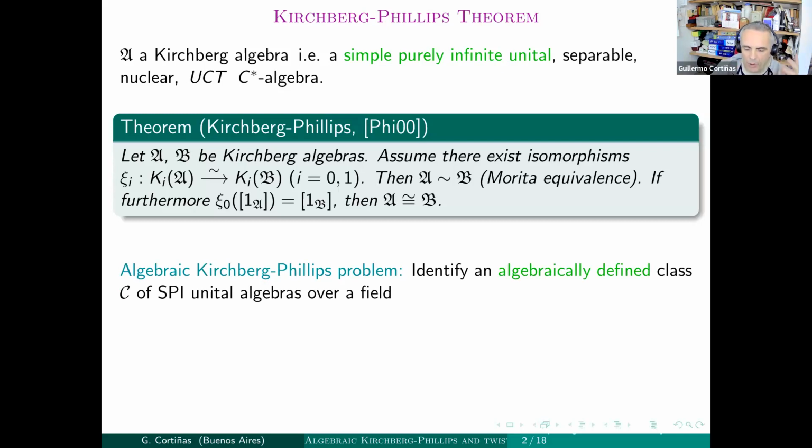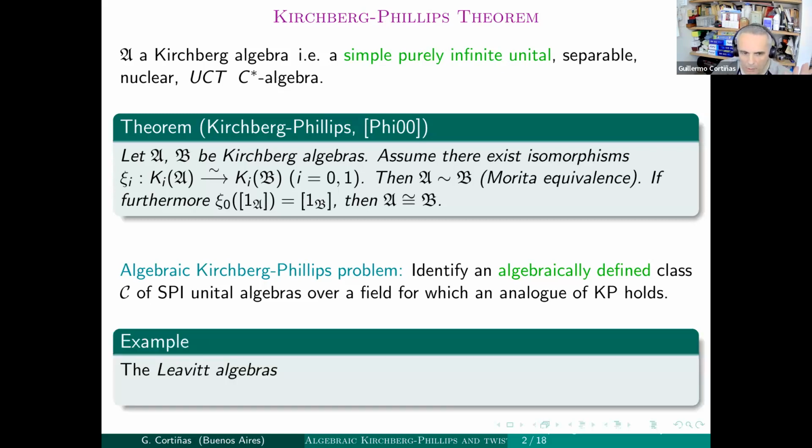If you have a simple, purely infinite ring, then its center is necessarily a field, so every simple, purely infinite ring is an algebra over a field. Saying that it's an algebra over a field is no restriction, for which an analog of the Kirchberg-Phillips theorem holds. So isomorphism in K-theory implies isomorphism or Morita equivalence or some kind of equivalence.